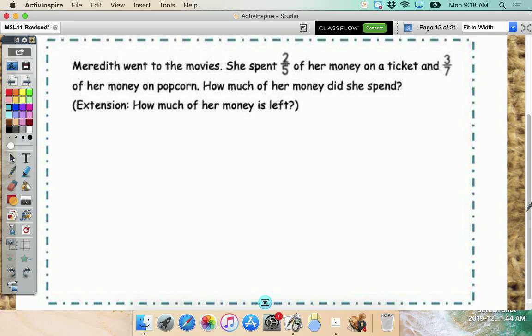How much of her money did she spend? The extension is how much of her money is left. So I want to circle a couple things. Left and spend. Okay? And I really feel like we could do both parts at the same time with the same tape diagram.